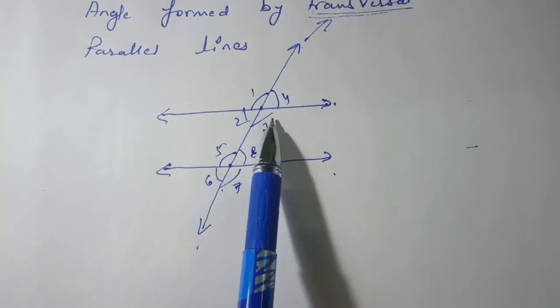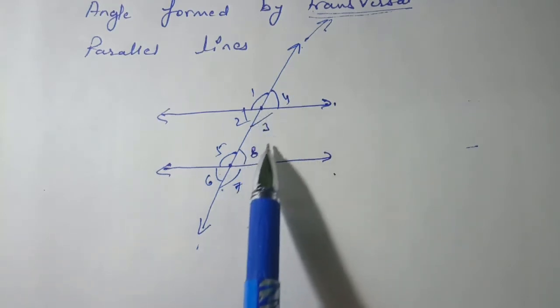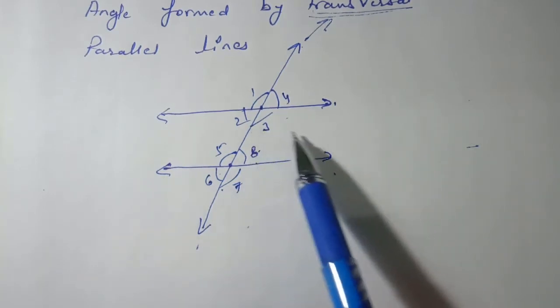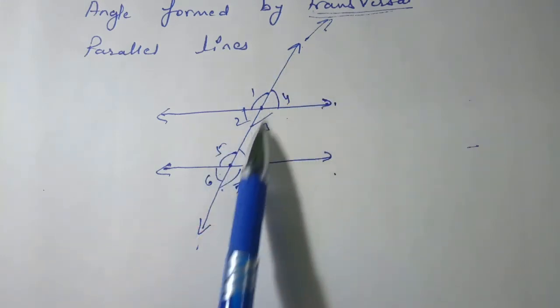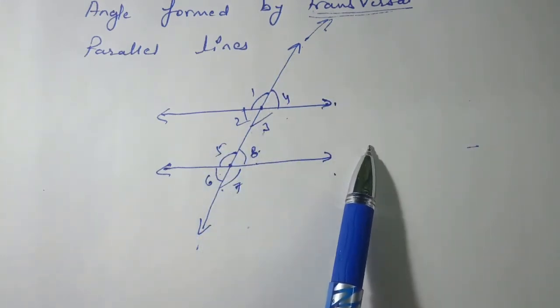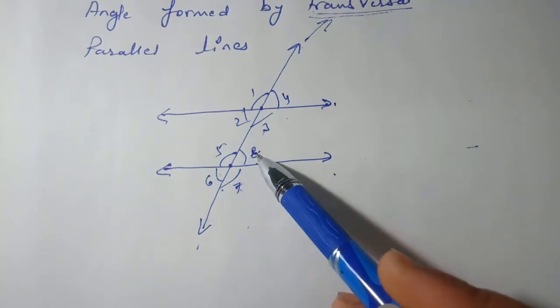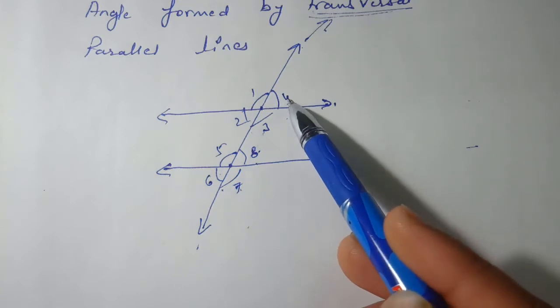First we are going to take the angles marked by numbers on one side of the transversal. We are taking the right hand side of the transversal. On the right hand side we have the angles 7, 8, 3 and 4.